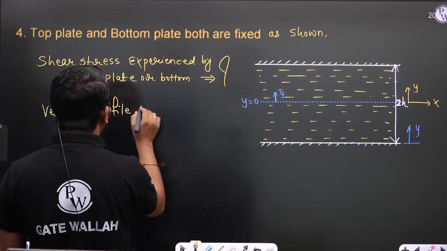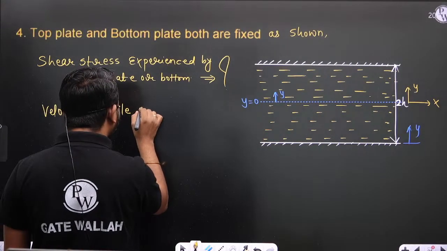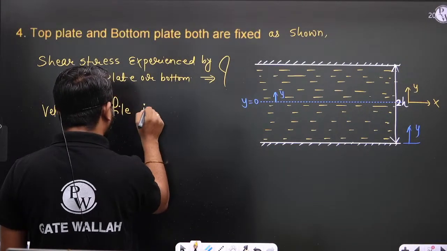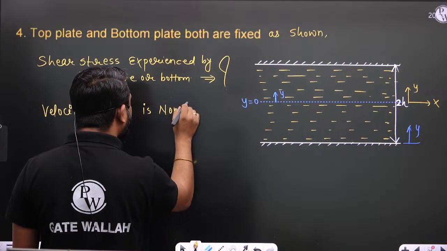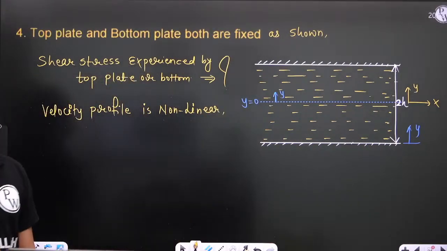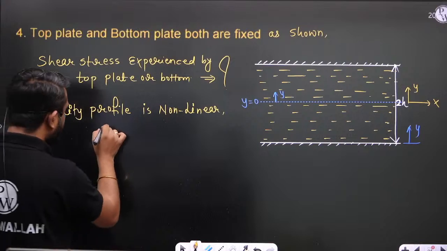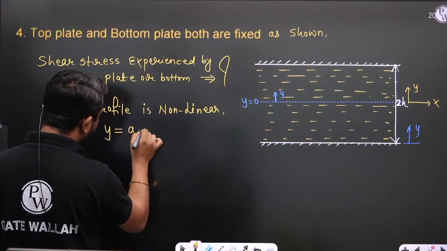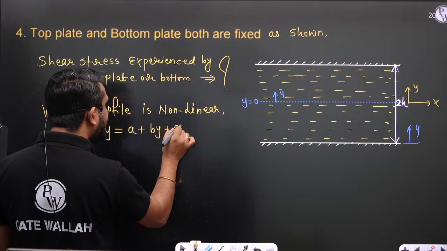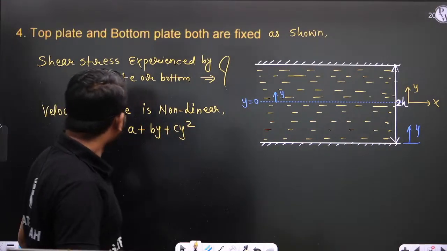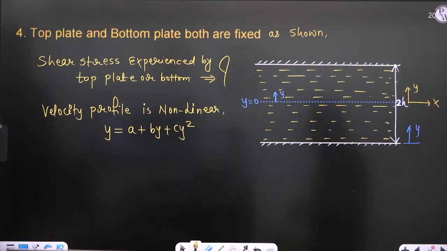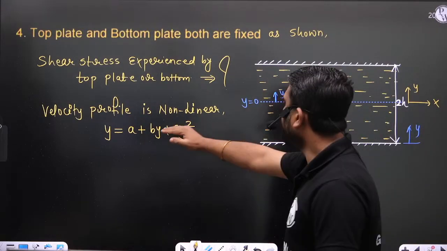Now I am considering the velocity profile as non-linear, and that follows a second degree parabola, u is equal to a plus by plus cy square. This is the velocity profile.